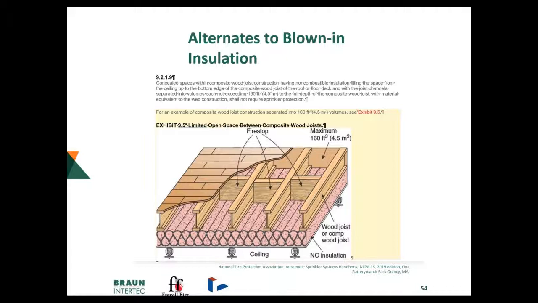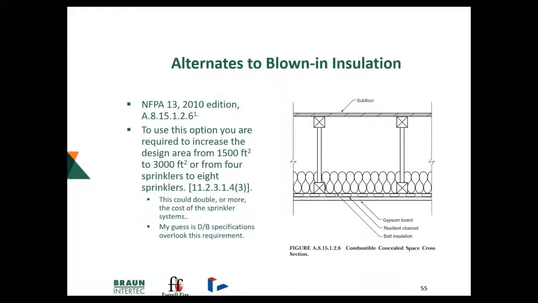That means double the amount of water necessary to protect a system. And in design build systems, that is frequently overlooked. My last bullet here, my guess, and it's just an educated guess, is that the design build specifications overlook this requirement. And it is a significant requirement in residential and apartment type occupancies.